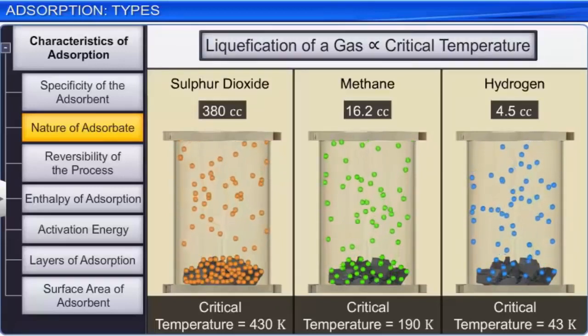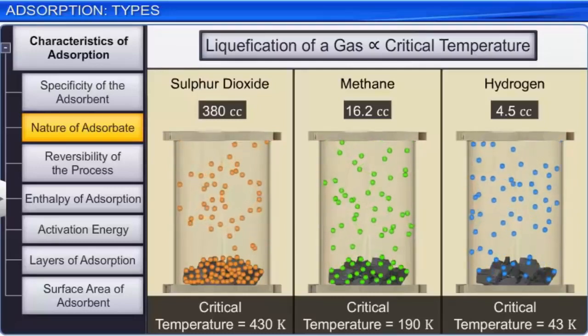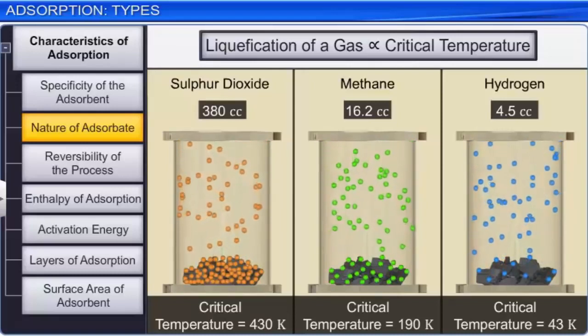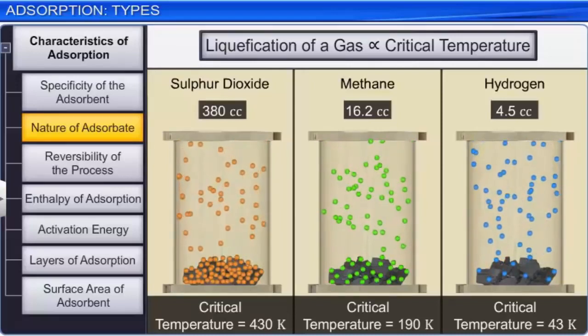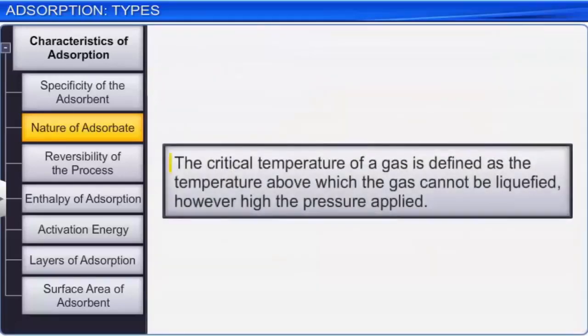This can be attributed to the fact that the van der Waals forces are strong in the range closer to the critical temperature of that gas. The critical temperature of a gas is defined as the temperature above which the gas cannot be liquefied, however high the pressure applied.